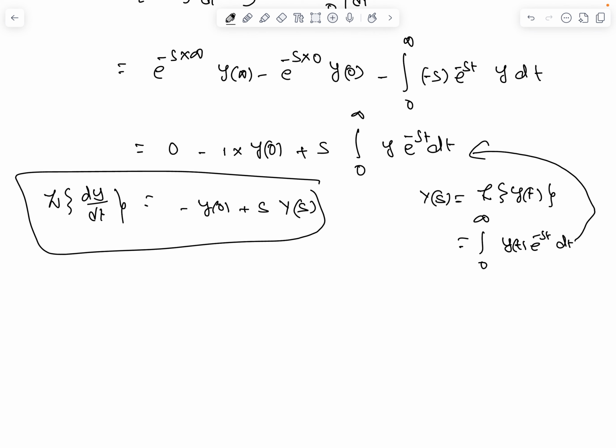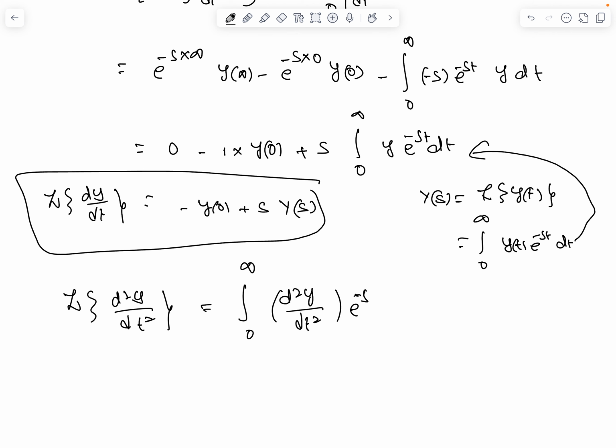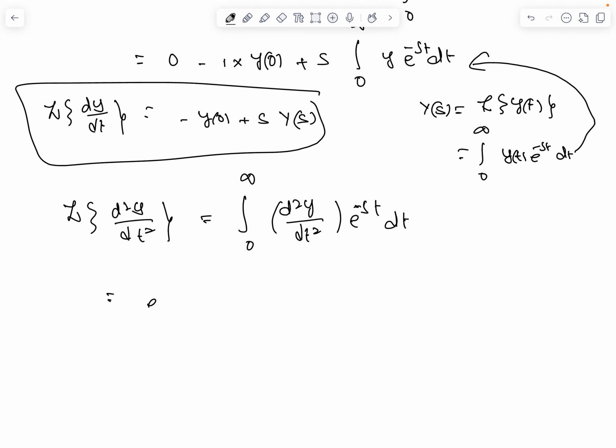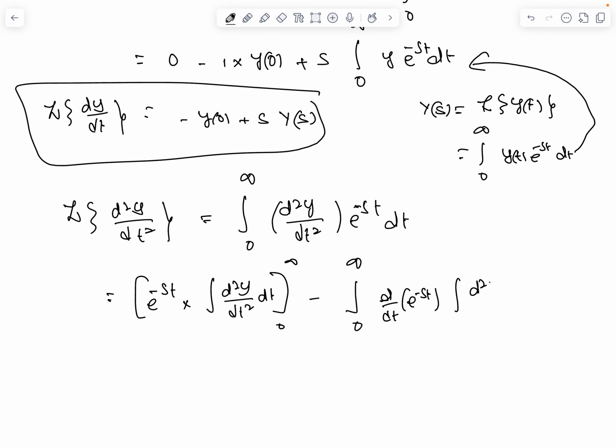And what is the Laplace transform of the second derivative, d square y by dt square? That is the integral from 0 to infinity of d square y by dt square e power minus st dt, and if you try to simplify, it is e power minus st into the integration of d square y by dt square dt from 0 to infinity, minus the integral from 0 to infinity of minus d by dt of e power minus st times the integration of d square y by dt square dt.